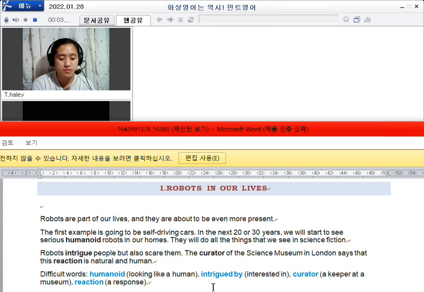And sometimes in the restaurant in the airport there are robots serving beverages or food to the customers.